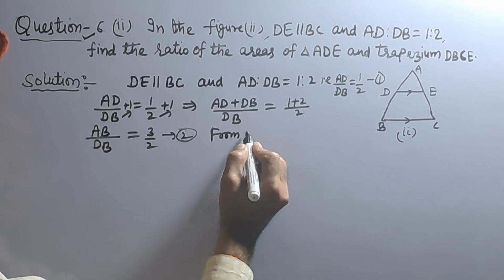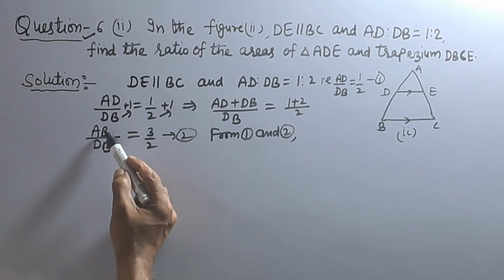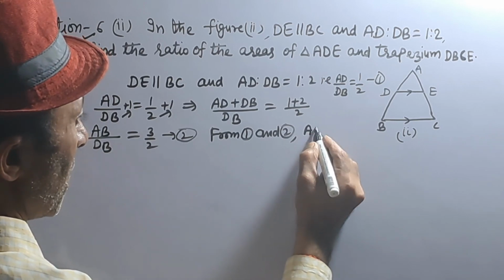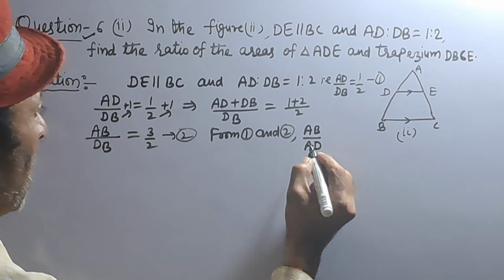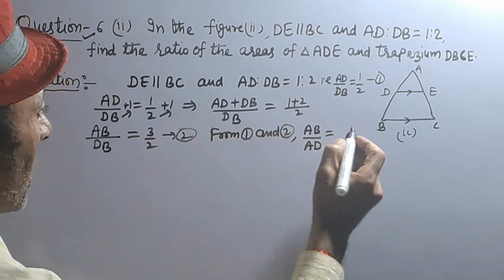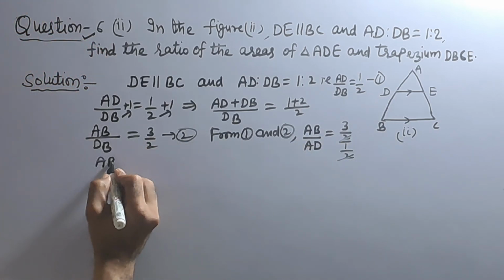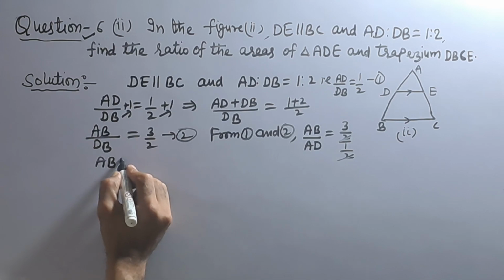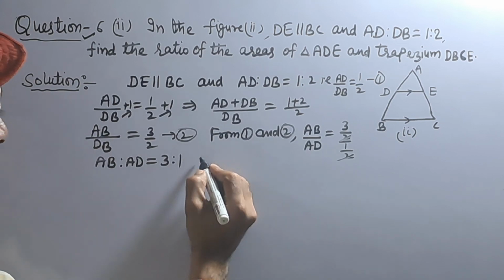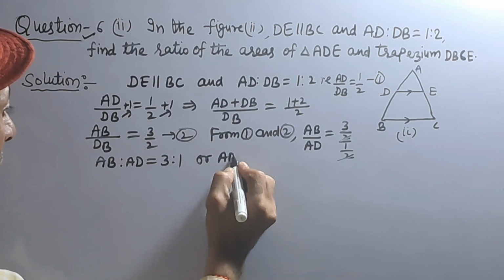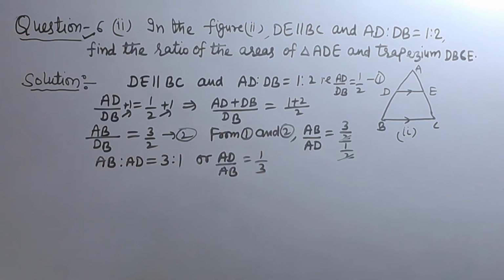From first and second, we get second divided by first: AB upon AD is equal to, DB is cancelled, 3 upon 2 upon 1 upon 2, 2 is cancelled, and we get AB ratio AD is equal to 3:1, or AD upon AB is equal to 1 upon 3, 1:3.